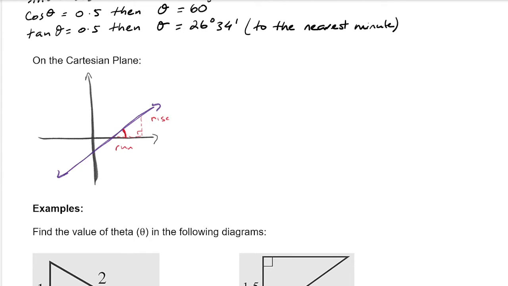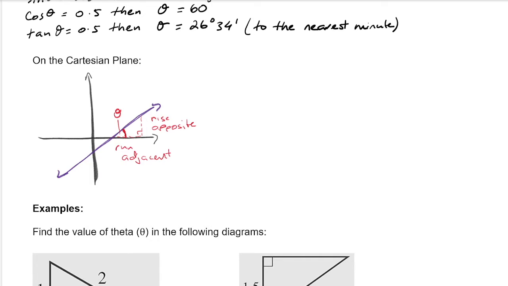If this is our angle in here, this becomes opposite, and this becomes adjacent. So we can link our linear relationships and our trig together very nicely with opposite and adjacent. So that's on the Cartesian plane.